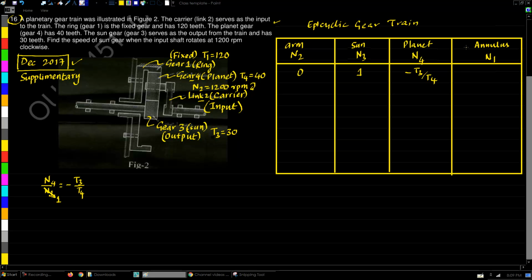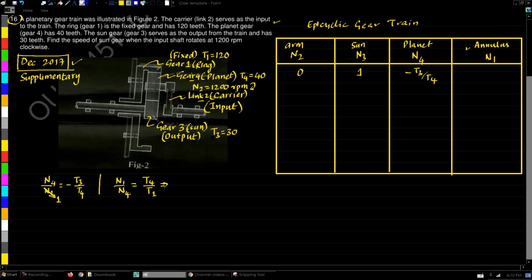Next, we need to find the formula for annular speed. So for that, we have to see which gear it is meshing with. The gear 1 is meshing with gear 4. So we have to write the relation between those. So N1 by N4 is the relation we get. And because they are internally meshing, the formula is not going to include a minus sign. But of course, the number of teeth will be in opposite order because they are inversely proportional.